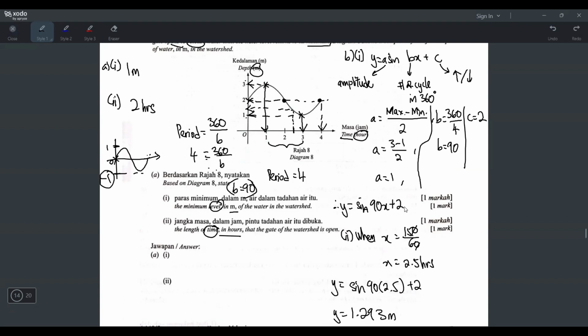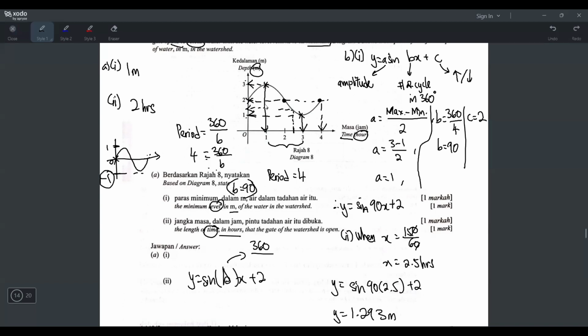So it's not sine 90x plus 2 anymore. It will be y equals sine. It will still be plus 2, but this is not 90 anymore. This b value, I have to take 360 divided by the period. They say one cycle finishes at 2 hours, right? It means what's the period now? The period is 2.